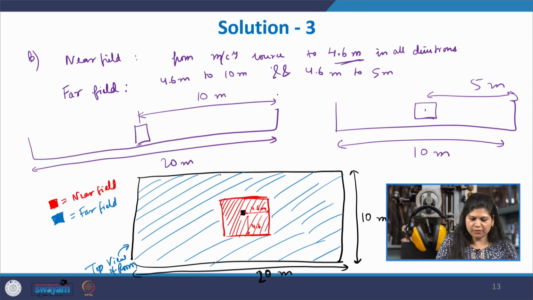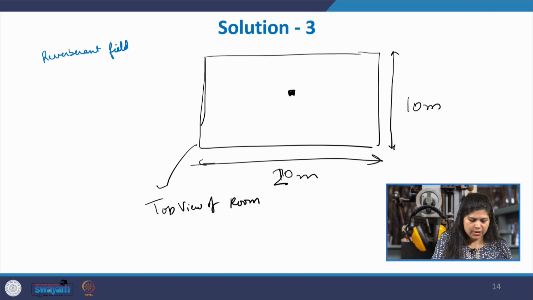The reverberant field should be roughly in the order of magnitude of lambda away from all the surfaces, so roughly 2 meters from everywhere. All of these are approximate dimensions. We represent it using the green color, a different color for the reverberant field.